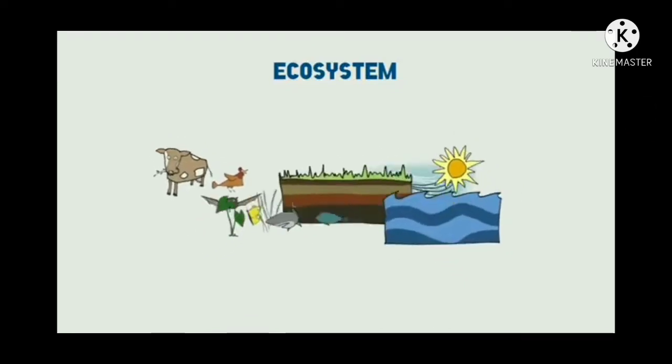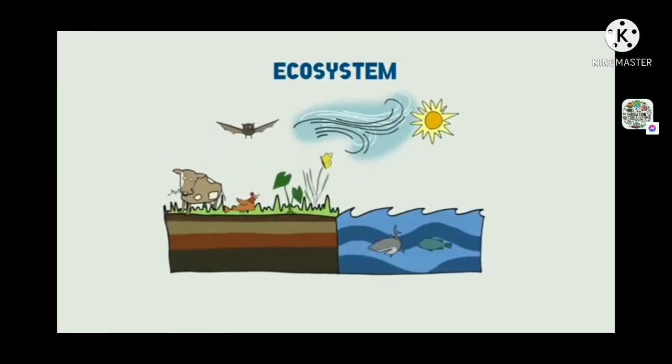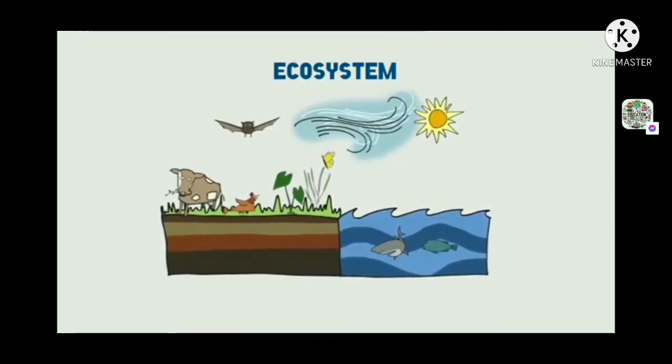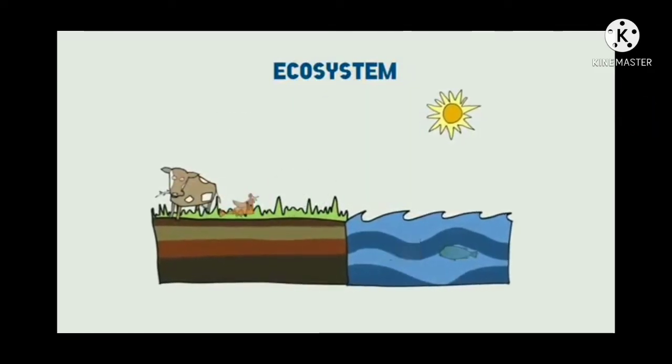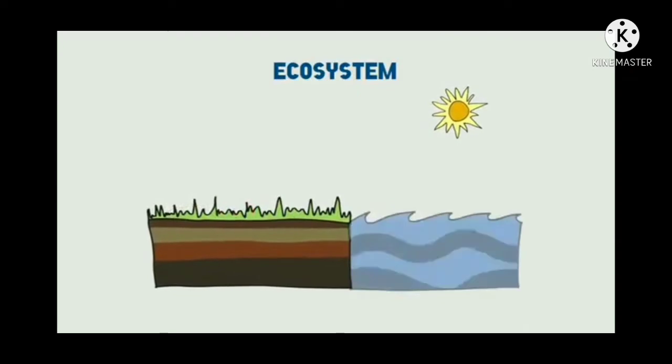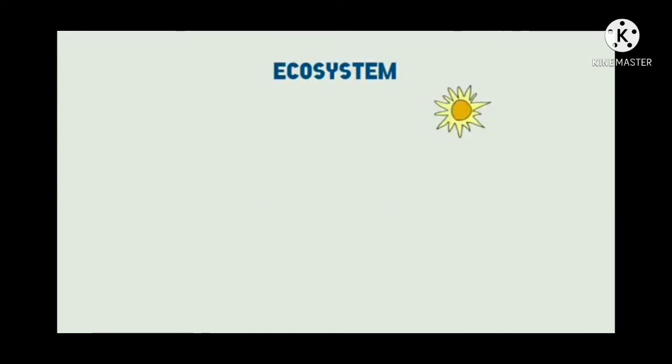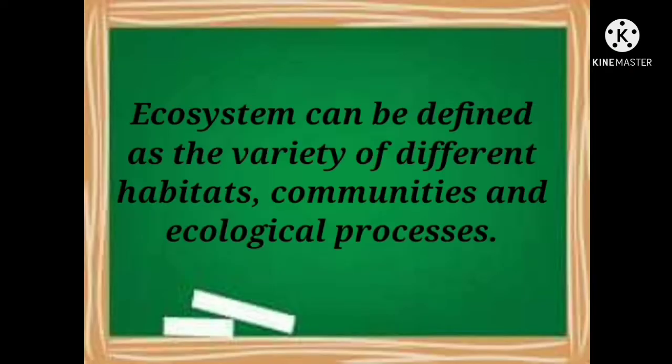And these have a relationship to each other. Ibig sabihin, ang pagkawala o pagkasira ng isa ay maaaring magdulot ng pagkawala o pagkasira ng isa or higit pa. That's why the ecosystem can be defined as the variety of different habitats, communities, and ecological processes.